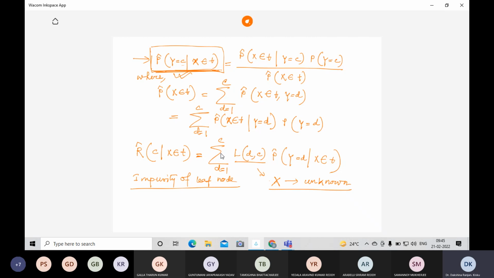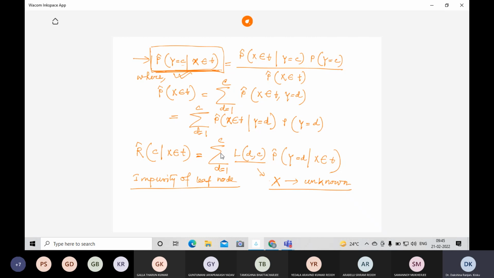Now we are using that trained model to classify this unknown sample X. Now what we see at the root of the decision tree is that the impurity of the node will be found to be high, because we don't know the class information of this unknown sample. That is why the impurity of the root node is found to be very high.